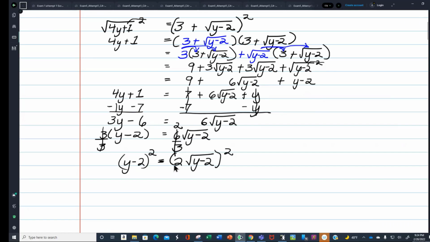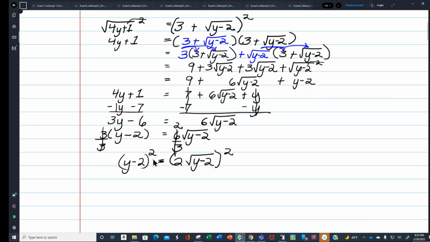If I had left it as 6, wouldn't be the end of the world. 6 squared is 36. That's not a horrible number, but 2 squared is only 4. And the smaller you can make your numbers, the less likely it is you're going to make a mistake.